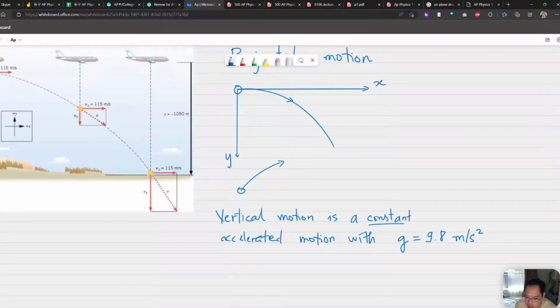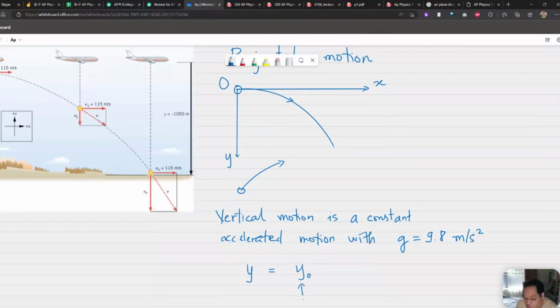For constant accelerated motion, you have the equation for the vertical position of the object falling. It is equal to the initial position, which is usually zero because we choose the starting point where the object starts falling, being dropped out of the airplane, to be zero.